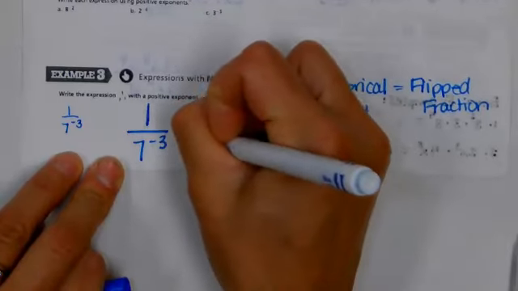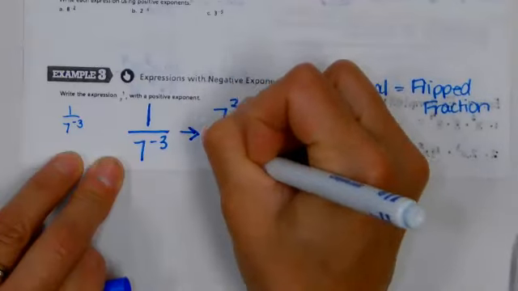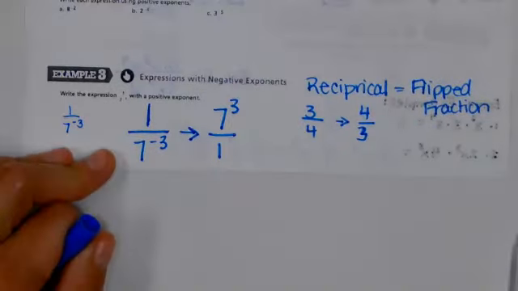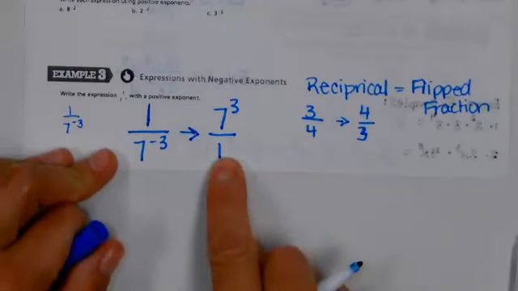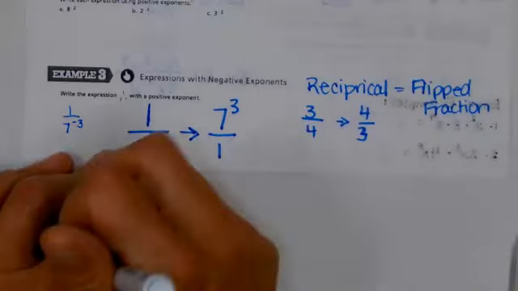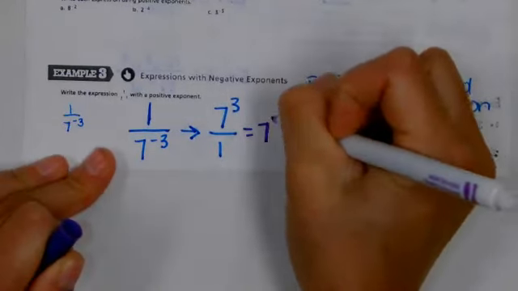So the reciprocal of that would be 7, and when we flip that, we get rid of the negative exponent. It would be 7 to the third power over 1. And something to note is that anything over 1, dividing by 1, really keeps it the same. So this is equal to 7 to the third power.